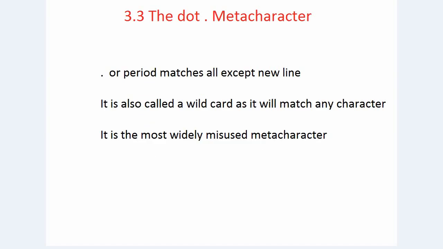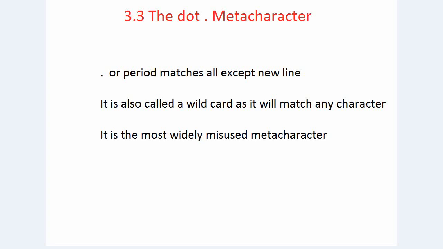Hello, in this lecture you are going to learn about the dot or period meta character. Dot or period matches all except new line. In regular expressions, the dot or period is one of the most commonly used meta characters. It is also called a wildcard as it will match any character.